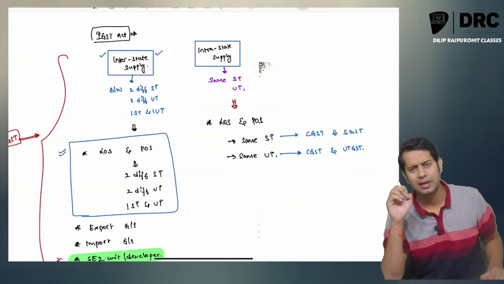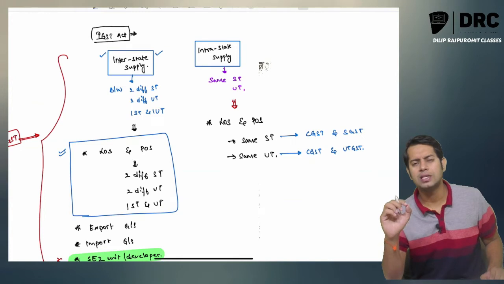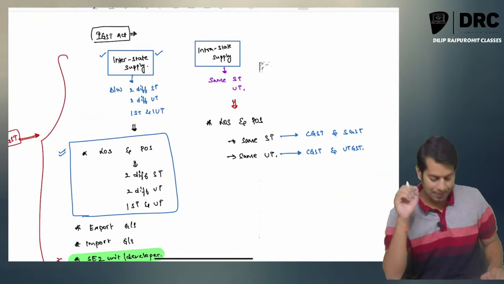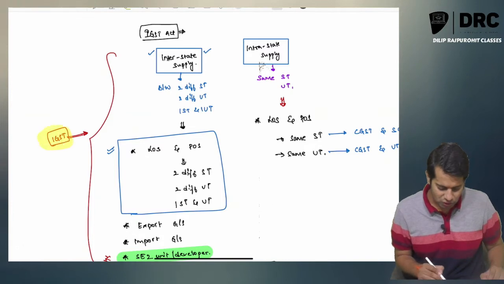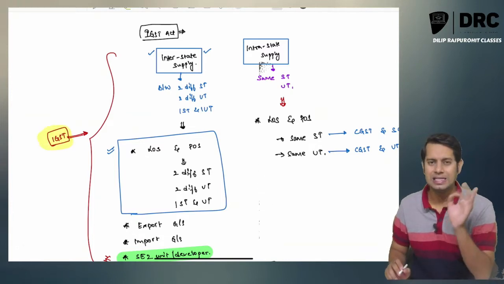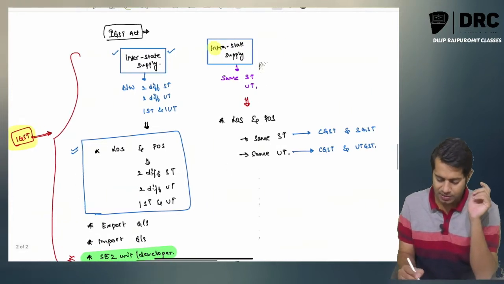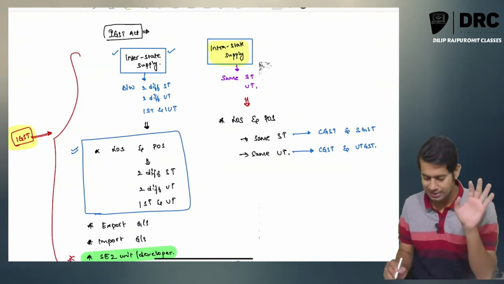These will be called interstate supply. Whenever there is an interstate supply, the tax you have to pay is IGST.